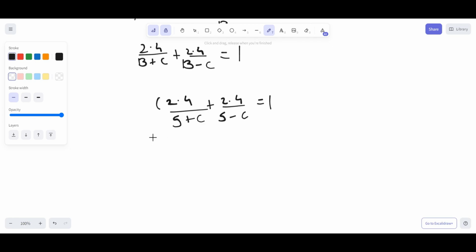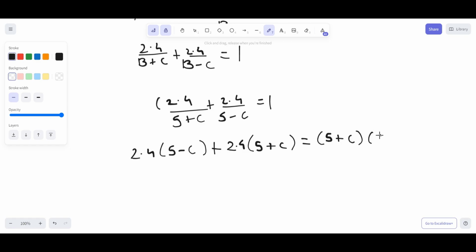Now what we can do, multiply by 5 plus c and 5 minus c. So 2.4 into 5 minus c plus 2.4 into 5 plus c equals, this we can shift over here, 5 plus c into 5 minus c, and we can solve it out.